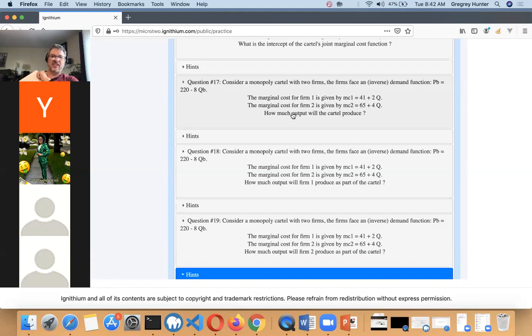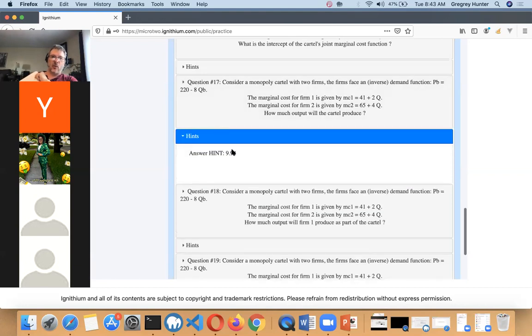So when we ask how much output the cartel will produce, it turns out that we find 9.94 by, remember, figuring out in this type of problem whether we have this type of equilibrium or that type of equilibrium. What Greg and Aubrey and other people did is they computed the crossing point between marginal revenue and the joint marginal cost function.